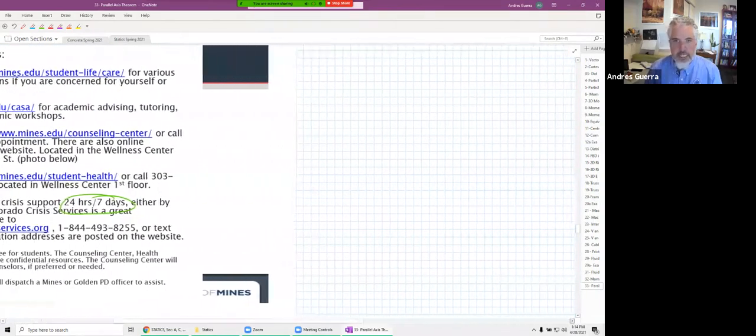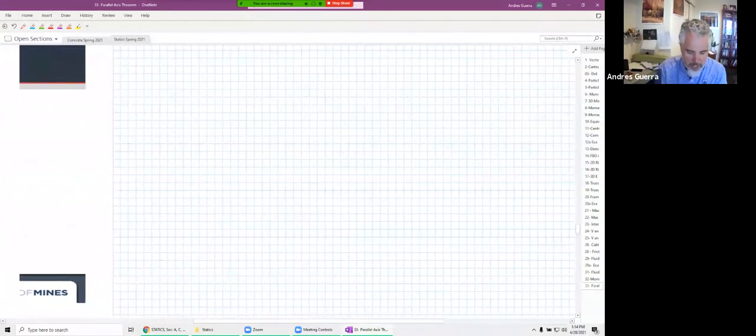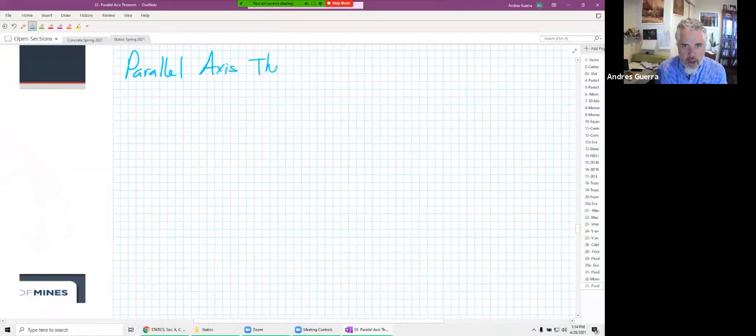Okay, let's talk about the parallel axis theorem. We saw from the homework that it's all about being able to find what's going on for a rectangle, and then our composites just include multiple rectangles together.